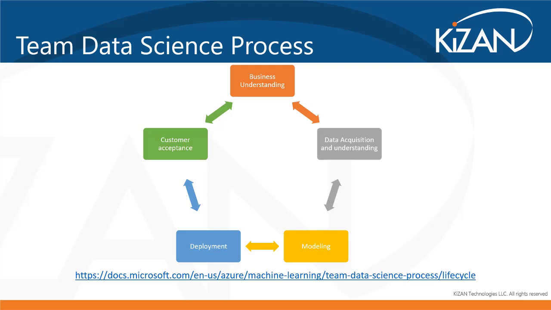The data acquisition and understanding is the next step. Here is where we clean and create high quality data sets and gather them together so that all data relates back to those target variables. A solution pipeline is created to refresh the data regularly.